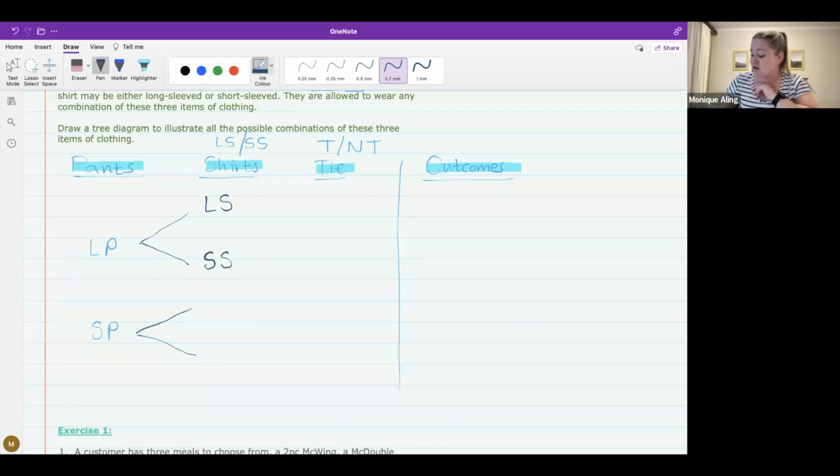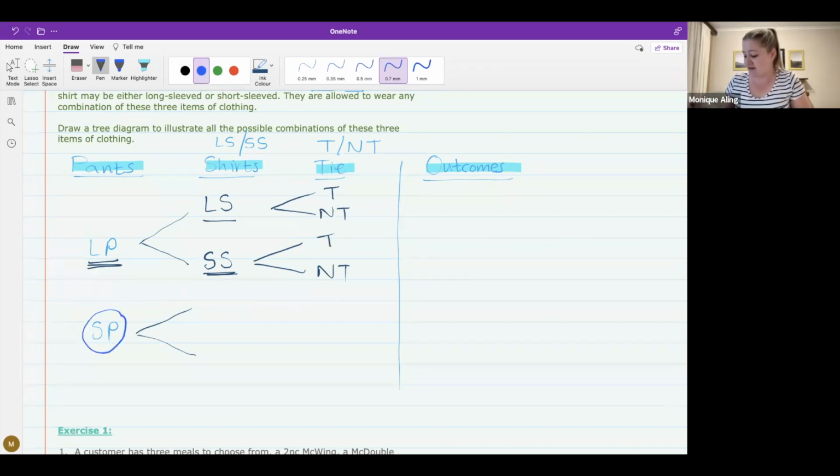If they choose long pants, long sleeve, they've got an option of tie and no tie. Or they can say long pants, short sleeve shirt, and have an option of tie and no tie. Then they could choose short pants, and their shirt options are long sleeve and short sleeve. Again, if they choose long sleeve, they have the option of tie or no tie; short sleeve, tie or no tie.